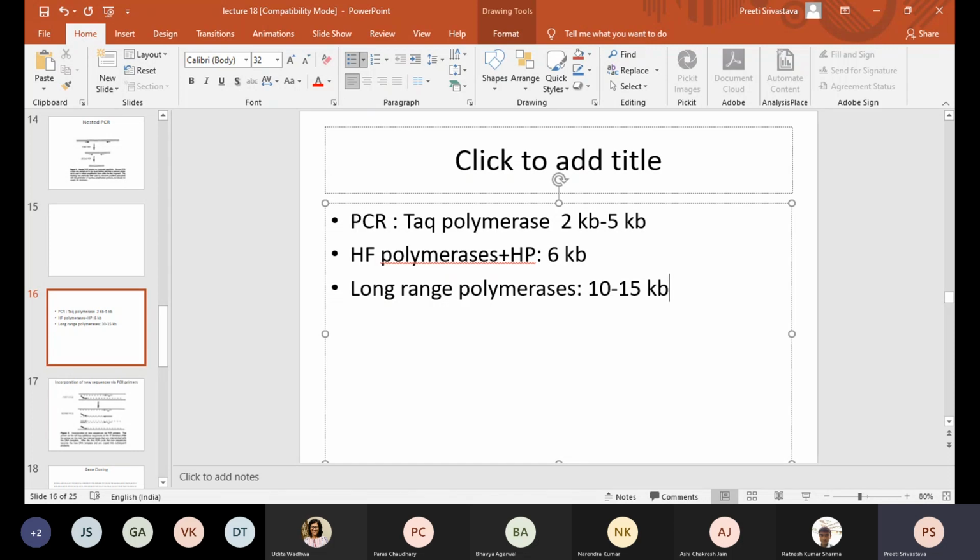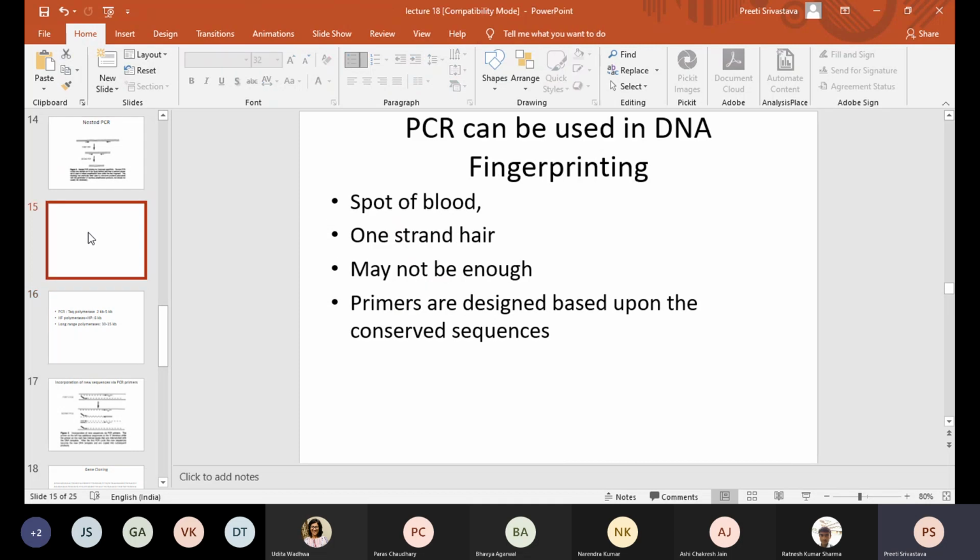The reason I brought it up here is that with PCR, you can easily amplify maximum up to 10 kb and not more. Okay, so when you have a spot of blood or a strand of hair, the amount of genomic DNA may not be enough for RFLP. Therefore, the other choice is to use primers and then perform PCR.